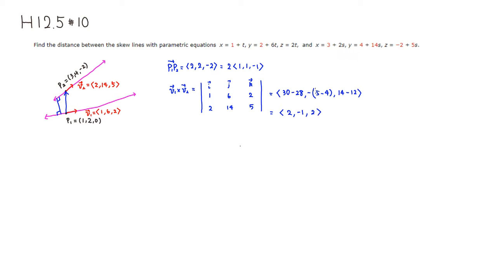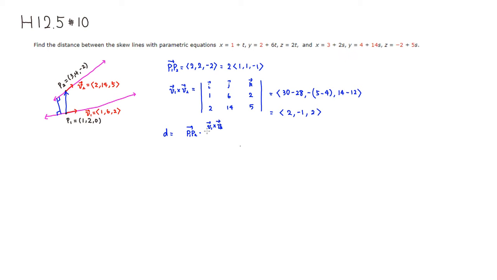In order to find the distance, all you have to do is find the component of P1P2 in the direction of this cross product. To do that, we can use the dot product between vector P1P2 and the cross product, but we want to make sure that it is a unit vector.